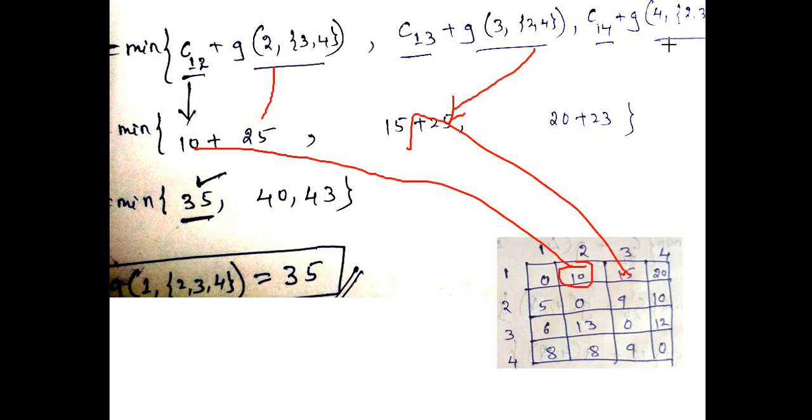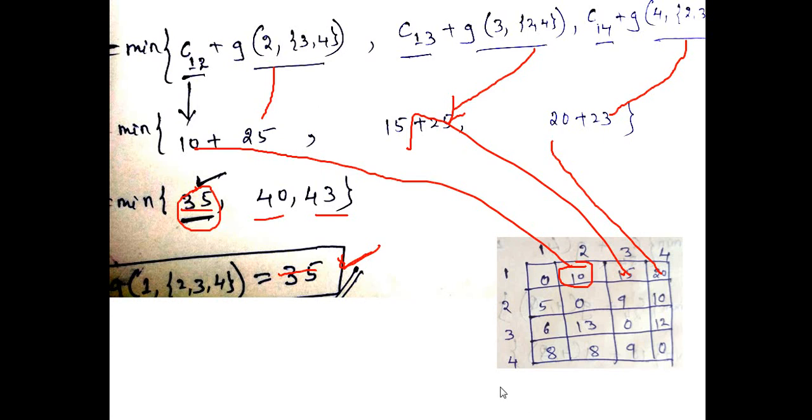This previous value is 25, and 1 to 2 is 10, so write 10 here. This previous value is 25, and 1 to 3 in this example is 15, so write 15. This previous value is 23, and 1 to 4 is 20, so write 20.